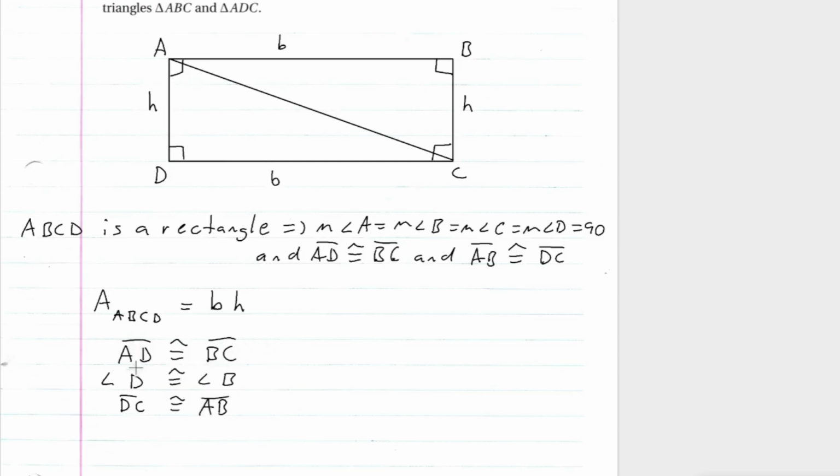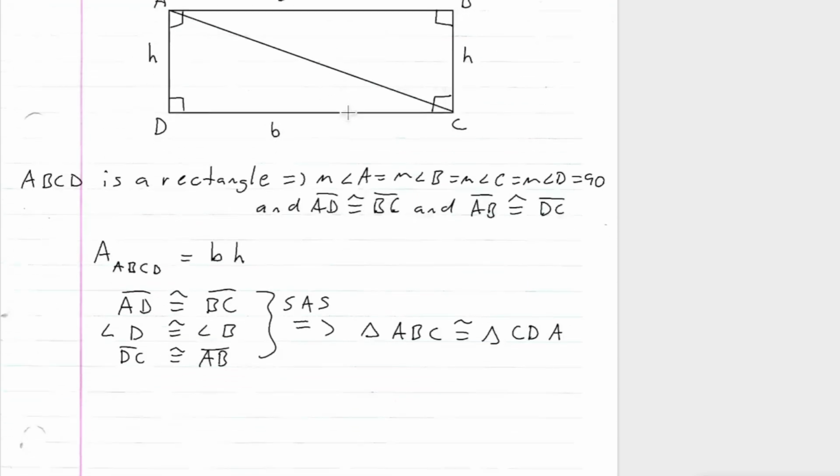So this is side, angle, side. By side, angle, side, triangle ABC is congruent to triangle CDA. Okay, so that means these are the same.